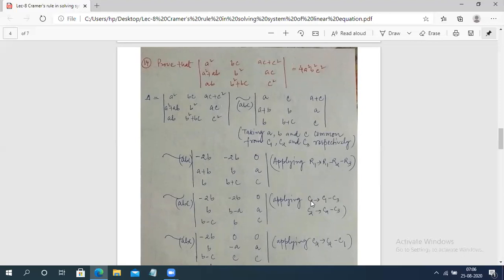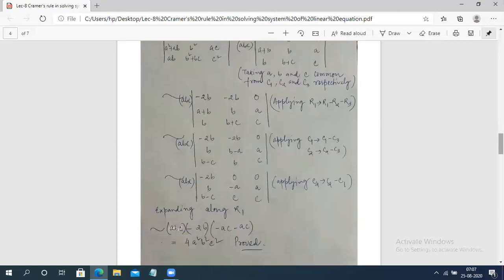So minus 2b minus 0, that is minus 2b. a plus b minus a, so only b. b minus c. And C2 into C2 minus C3, so minus 2b minus 0 is minus 2b, b minus a, and then b plus c minus a, that is b. After applying this, we are having this determinant.